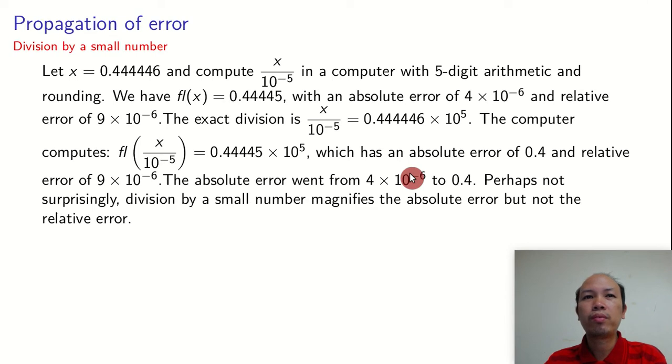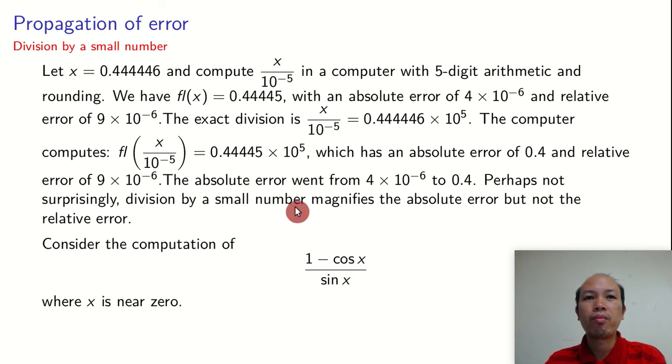Notice that the absolute error went from 4 times 10 to the negative 6 to 0.4. Perhaps not surprisingly, because division by a small number magnifies the absolute error but not the relative error. As you can see here, the relative error is the same but the absolute error is not the same.